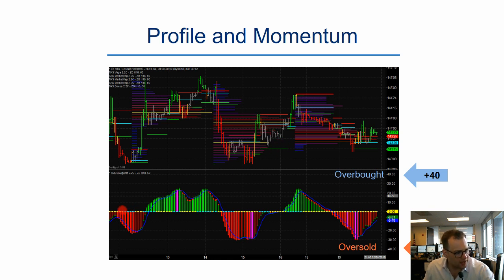If you look at Navigator a little further, these blue and cyan dots are the system trying to tell you when it's more favorable for maybe a horizontal market or a vertical market. So when you have these moments of yellow, that's kind of saying, hey, we've been in a horizontal market.